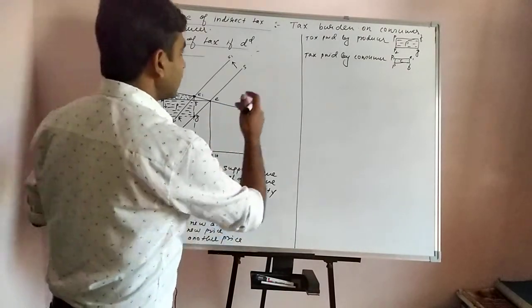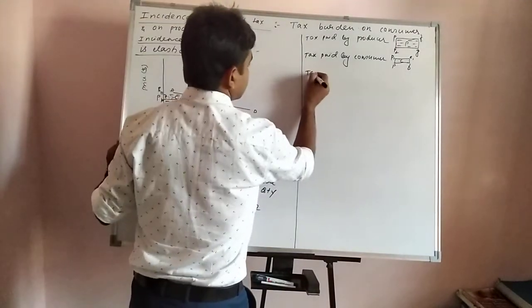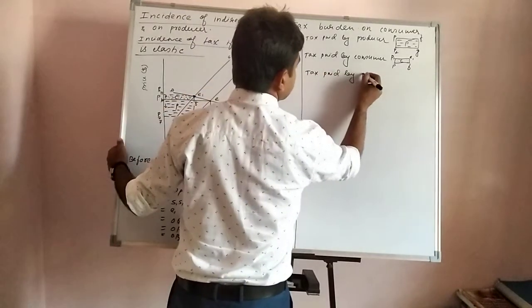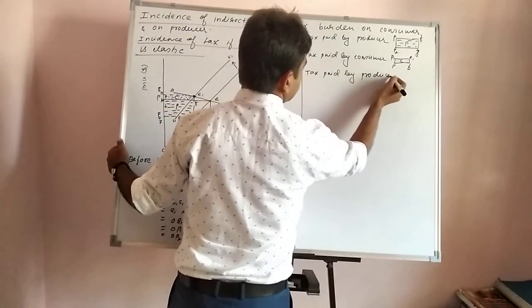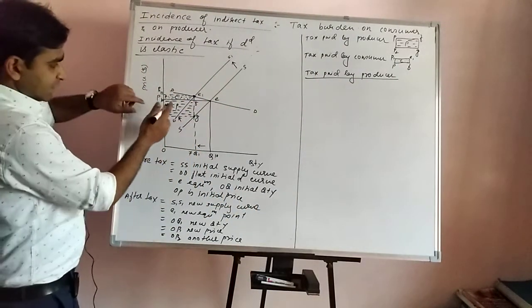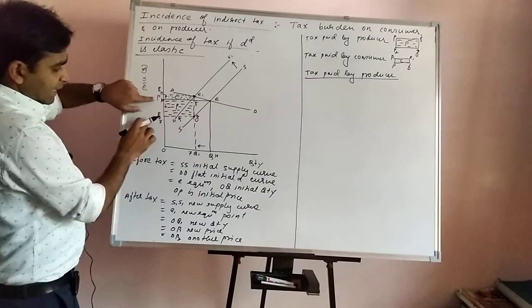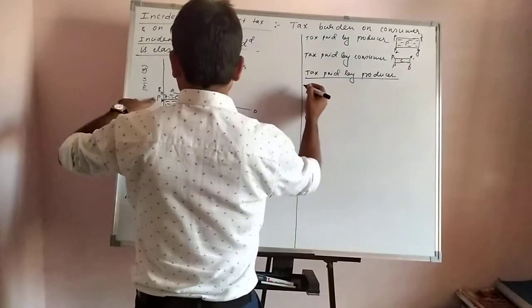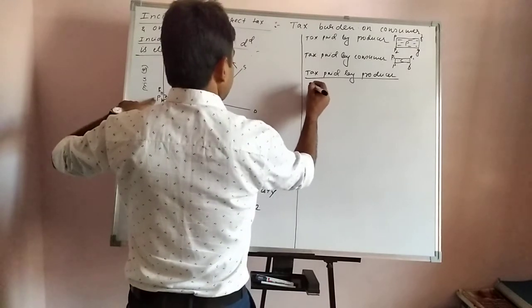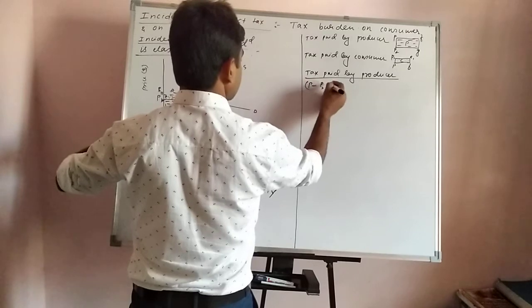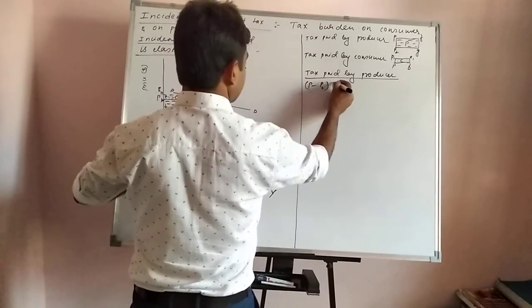Okay, now let's start. So tax paid by producer. Now see here, this is the producer part, P and P2, this is the producer portion. So what we will see here, P minus P2 into Q1.